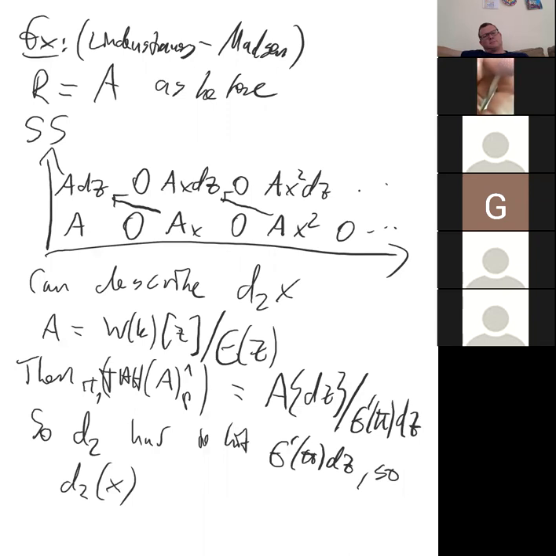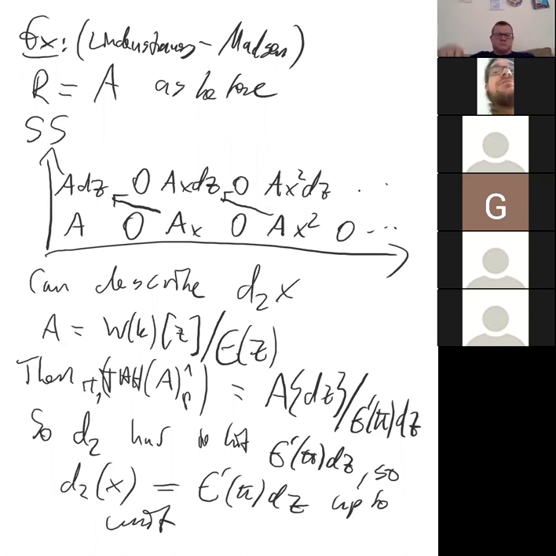So, what do I want to say? This tells us that up to a unit, d2 of x needs to hit this guy. And we haven't really narrowed down x in the previous statement, so you could pick your generator x, renormalize it for this to hold on the nose.